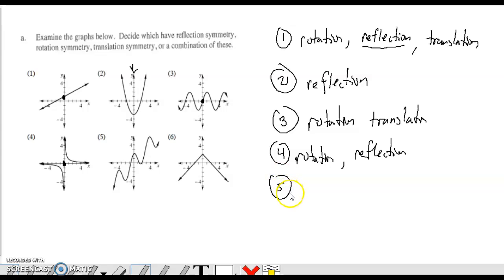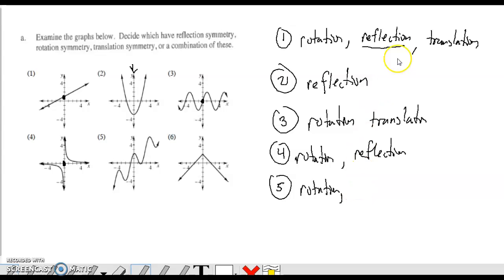Okay, number 5. So this lovely, weird looking graph. It does have rotational symmetry. So I should be able to rotate my graph and it should land onto itself. Okay.